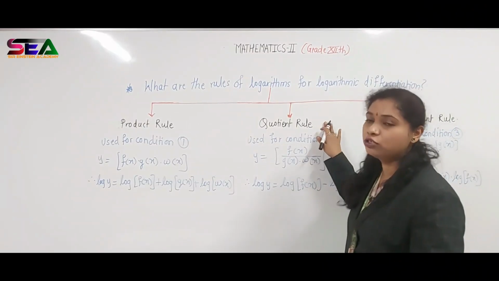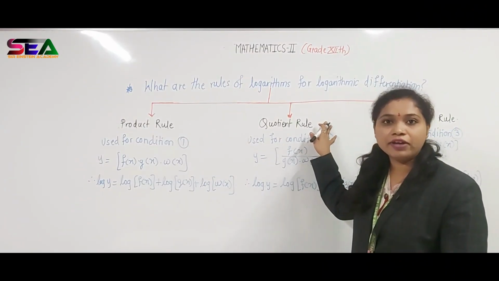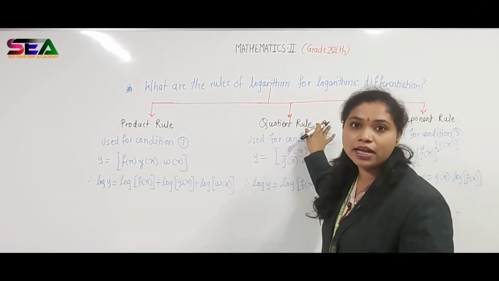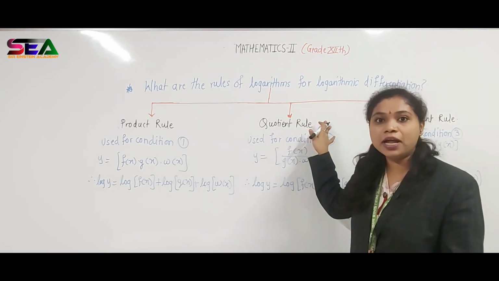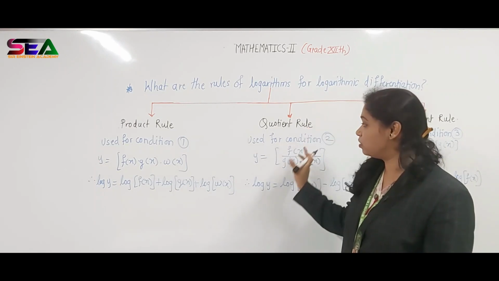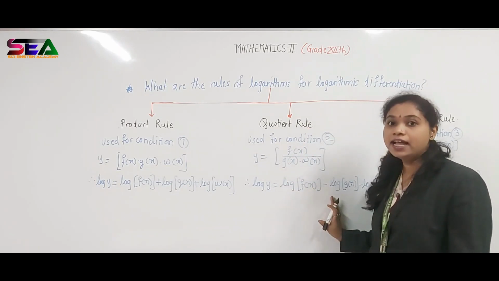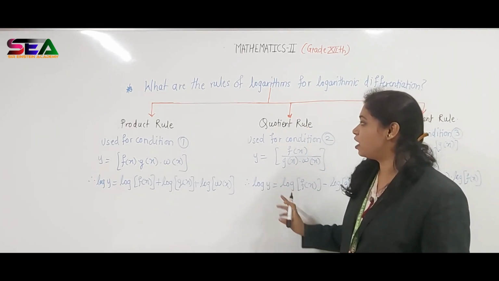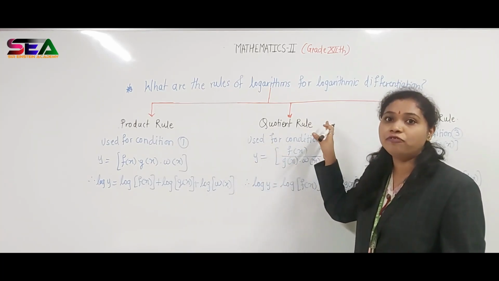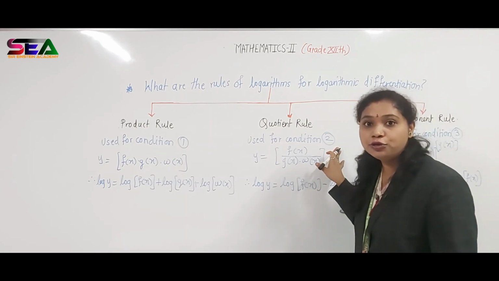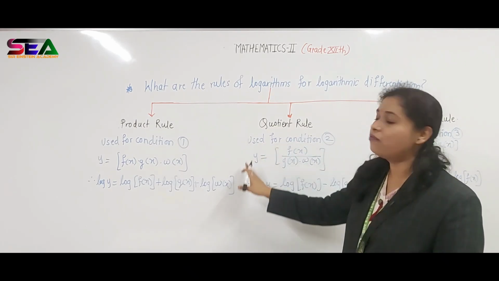Our second rule is the quotient rule. The quotient rule in 11th is log of m by n is equal to log m minus log n. It means that after applying logarithm, that term gets subtracted. The same rule is applicable here. Now we have to use this rule for condition 2. Condition 2 in the previous chart was division of multiple functions.